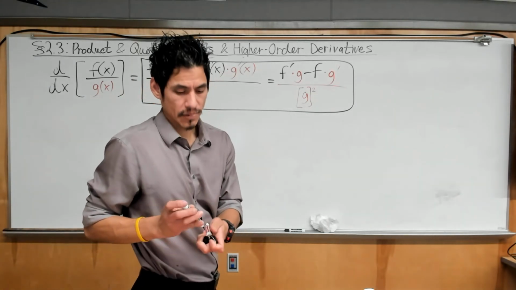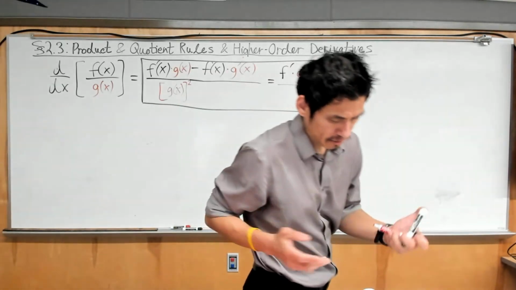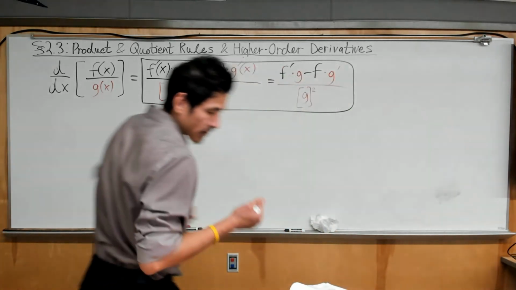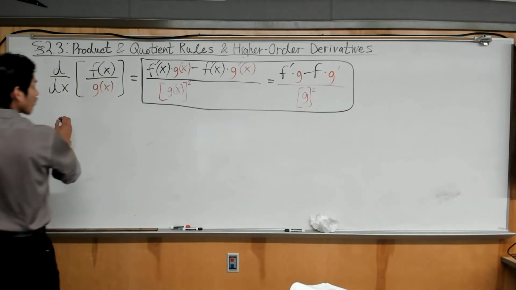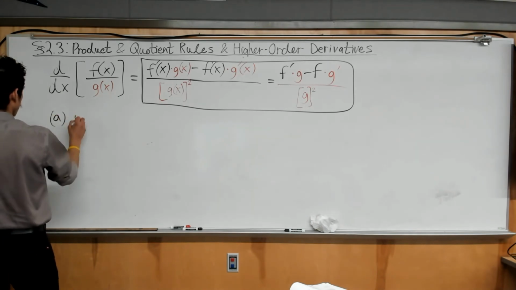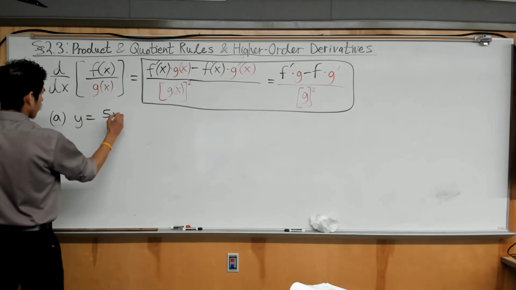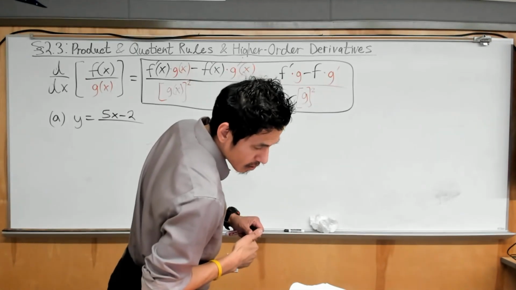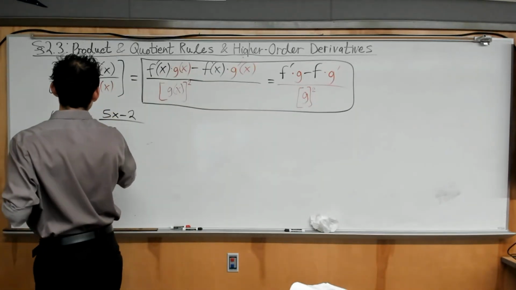Okay, so let's just practice using it with this example. We have y equals 5x minus 2 over x squared plus 1.